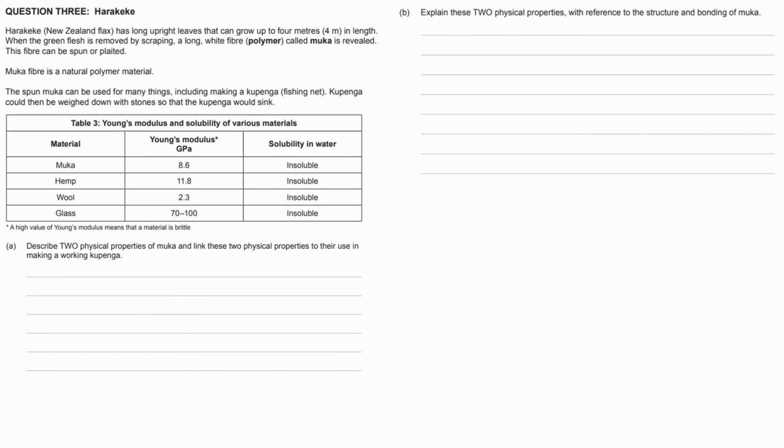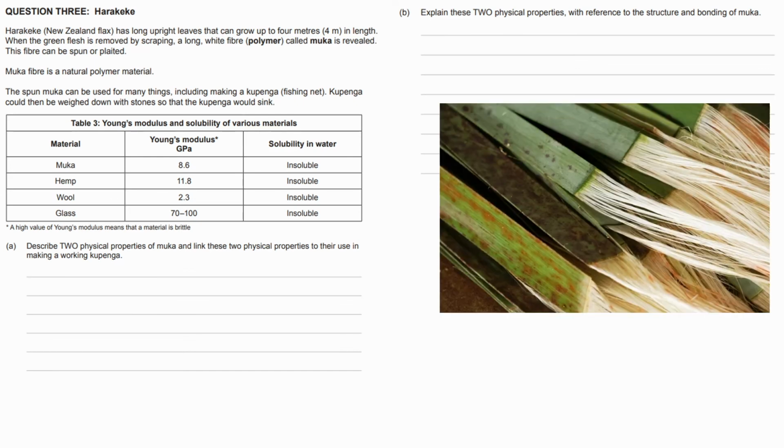Okay, so what we're talking about here is the flax. Okay, this is the green flax. If we scrape the material off it, we're left with this muka, which is these long fiber filaments here, and they're actually made up of polymer chains, a special type of cellulose polymer actually.